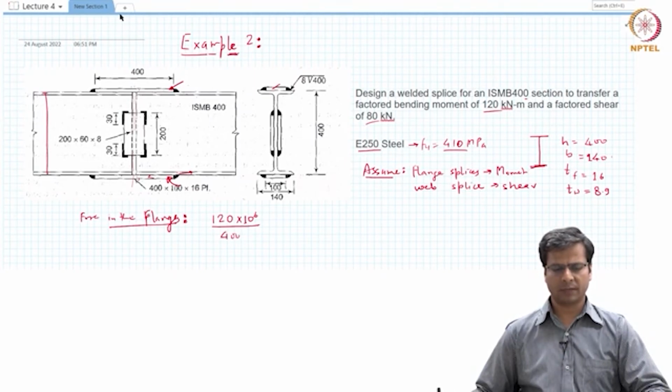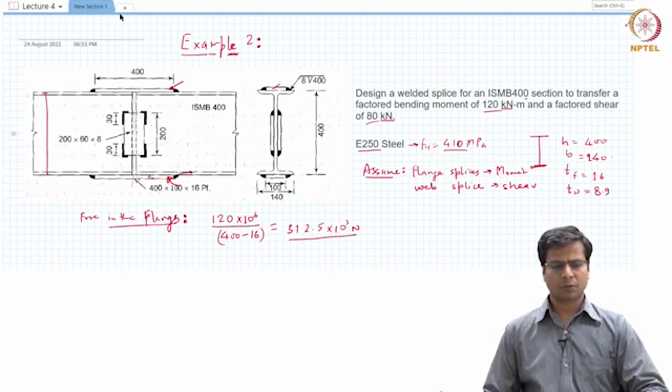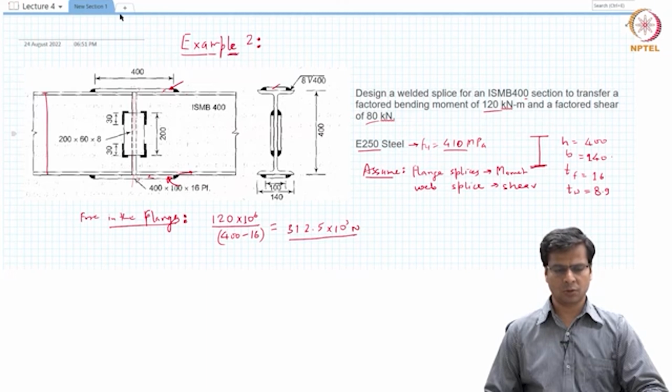Total depth of the section is 400 millimeters, but one flange thickness is 16 millimeters, so the distance from center of flange to center of flange will be 400 minus 16, and this value turns out to be 312.5 multiplied by 10 to the power 3 newtons. So this much force is acting on the flange, and this force needs to get transferred to the flange splice using a fillet weld.